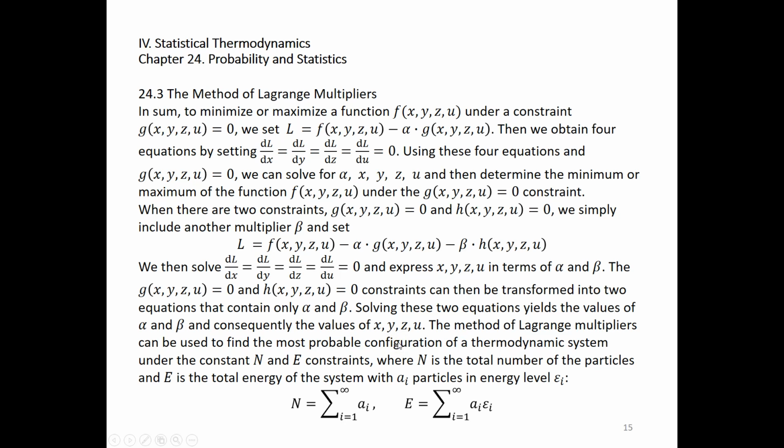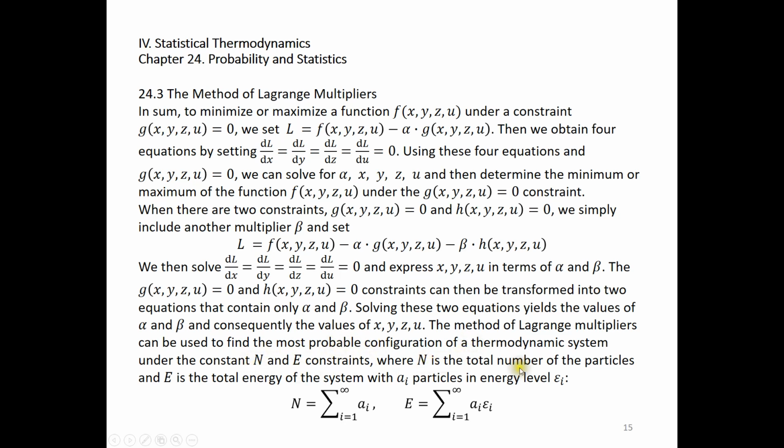We can calculate the associated number of microstates, and then we use that to compute entropy using Boltzmann's equation. Entropy equals the Boltzmann constant times the natural logarithm of the number of microstates. Again, we just use the number of microstates associated with the most probable or predominant configuration.